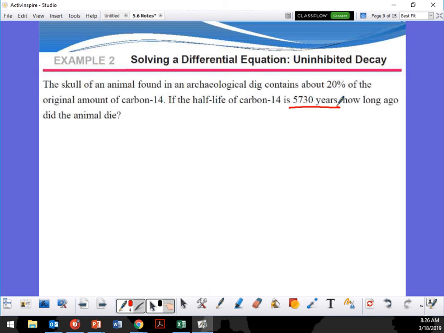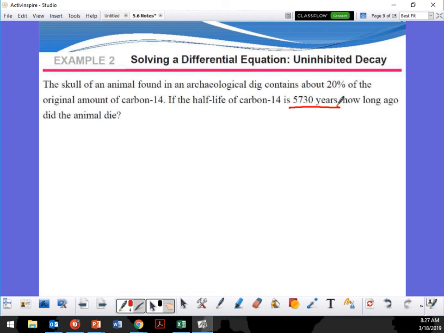Look, it said ago. Remember, English is not really his first language. Okay, read the question again. The skull of an animal found at an archaeological dig contains about 20% of the original amount of carbon-14. If the half-life of carbon-14 is that many years, how long ago did the animal die?